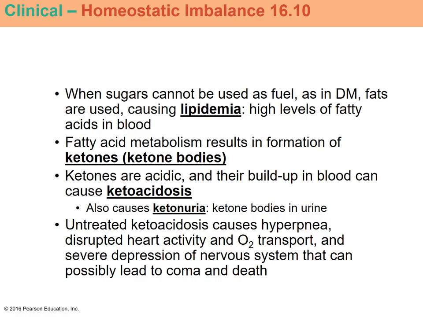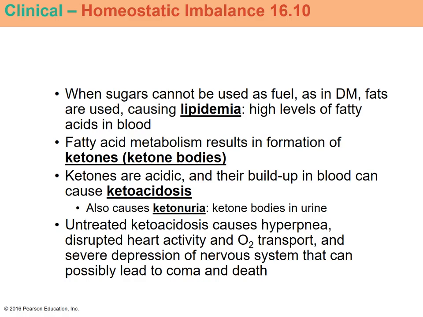What happens then is you end up with a high level of fatty acids in the blood as the body starts to break down the fats. Here's a whole other kind of cascade. You can't use the sugar, so you're using the fats. You're breaking that down, you're releasing fatty acids into the blood.